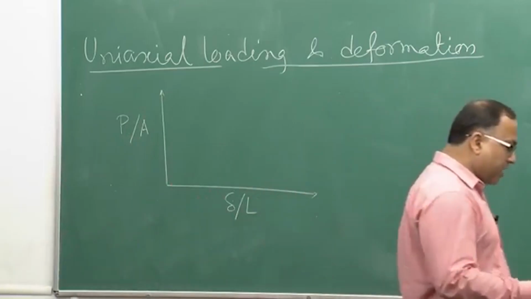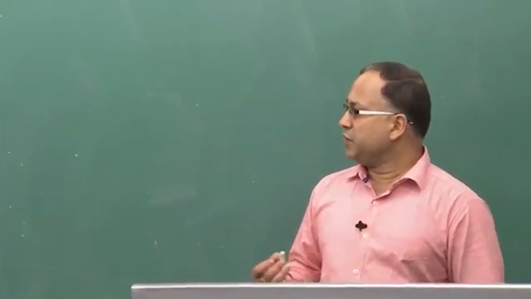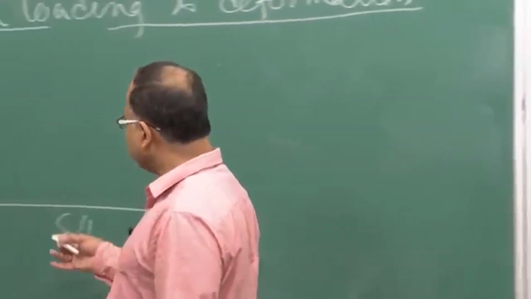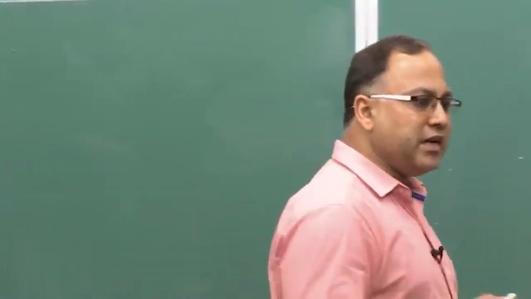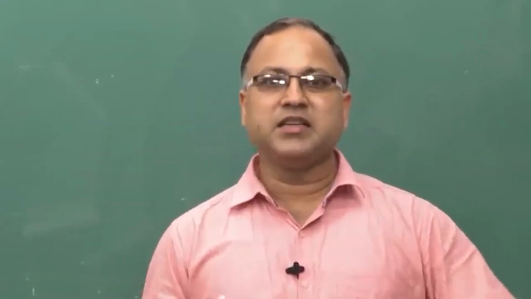If I normalize the force P, that is, plot P by A versus delta by L, we are taking care of the difference in cross sectional area and the difference in length.